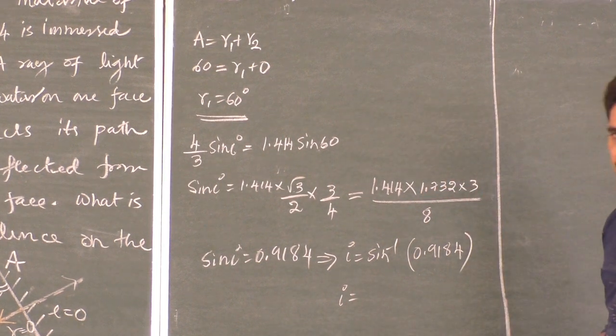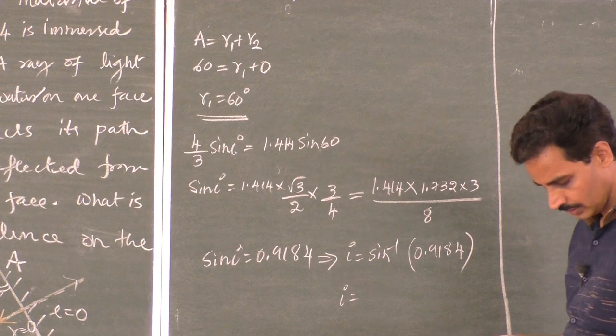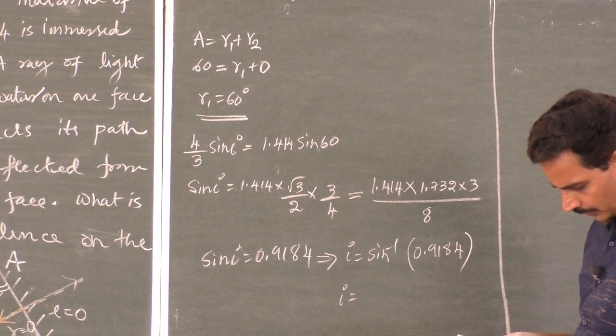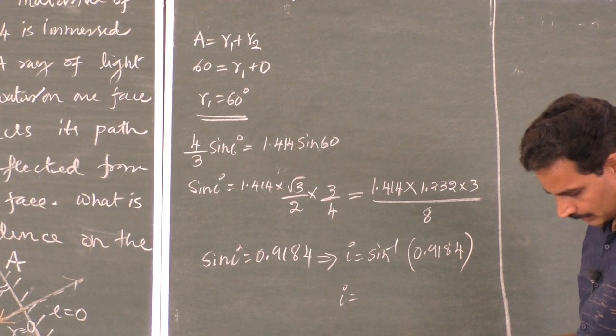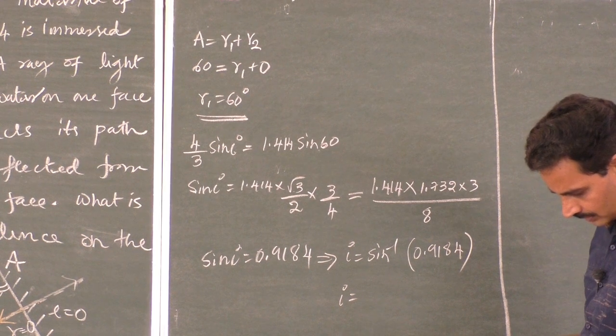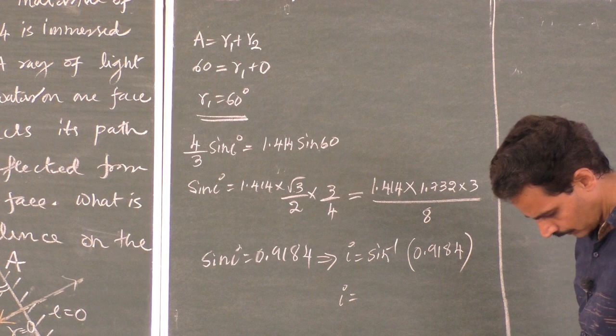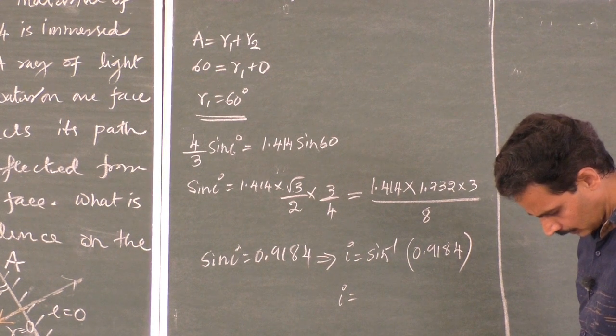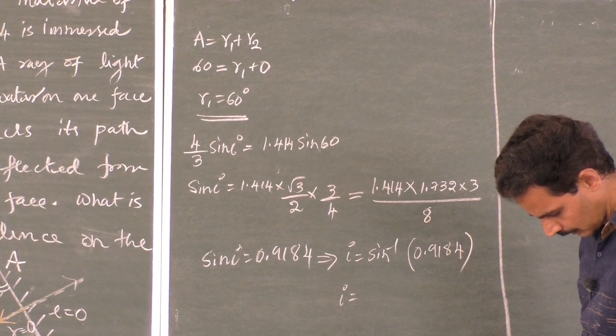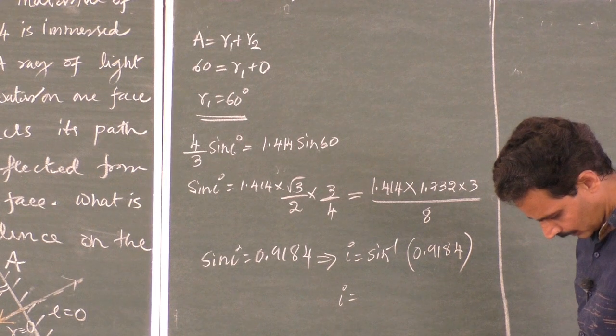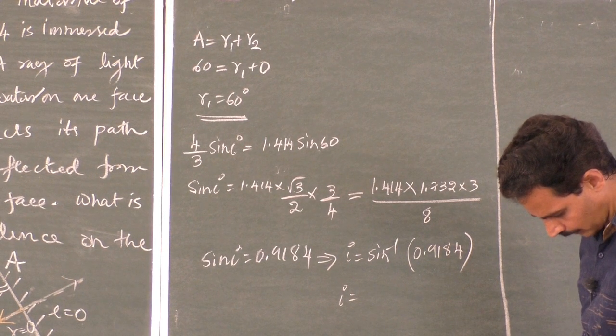In the natural sine column or page, 0.9184 lies in which row and which column? You will get 0.9107, 0.9184, you want. You have a very close number. Yeah, you have the same number, 0.9184.